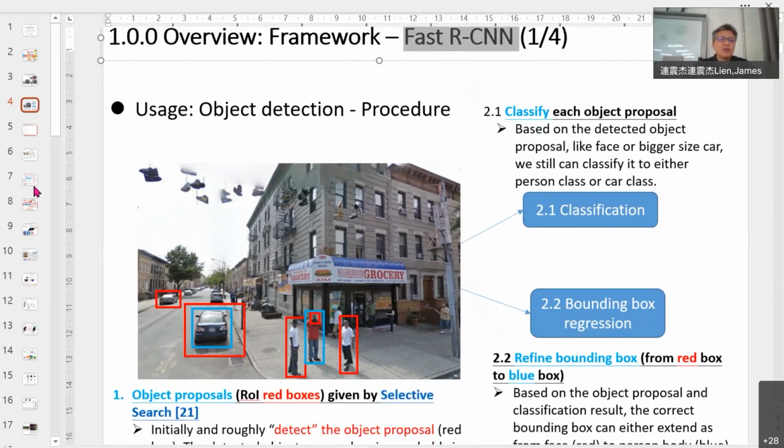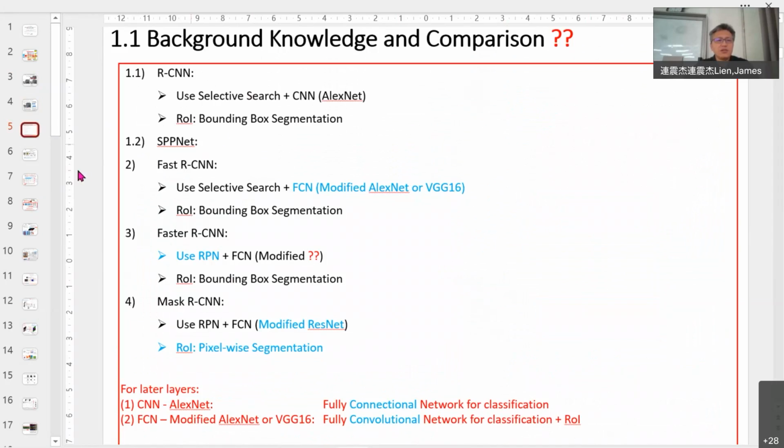So for Fast RCNN, the history is here. On page 5, this is the history of object detection and classification. In the beginning, it's the RCNN.